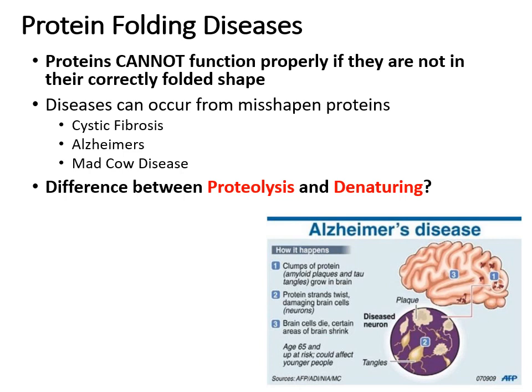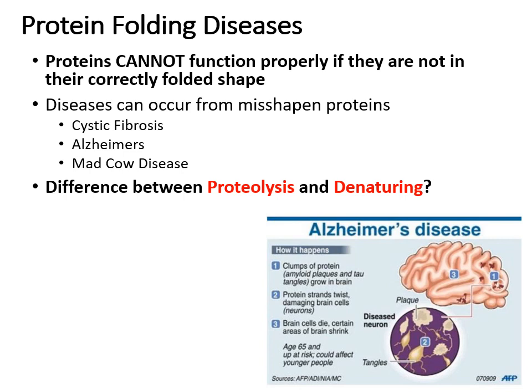So I want you to know that for proteolysis, that will destroy all four of the levels of structure that we just talked about, including the primary structure, because in proteolysis, you are chopping up the protein. So even the initial sequence of it, you've now ruined because you've cut it into little tiny pieces and they're all floating around separately. Denaturing, on the other hand, is simply unfolding the protein.